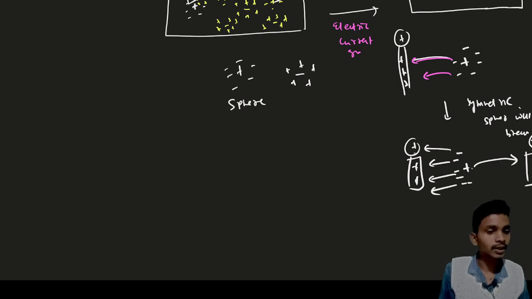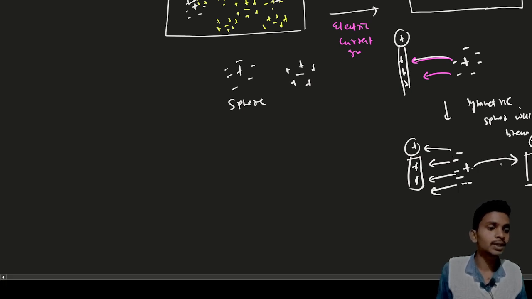In this way the symmetric sphere breaks into an asymmetric sphere. Now this positive charge has to move to that negative rod, that is the cathode, and this is the anode. So this positive charge will move towards the cathode.